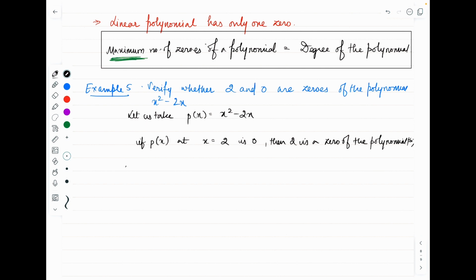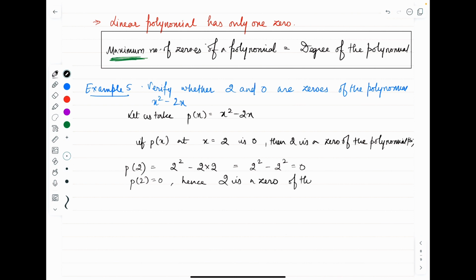Understood? So let us check. We are doing p of 2. Instead of x we have to put 2. So x square is 2 square, minus 2x means 2 into 2, which is 2 square. So 2 square minus 2 square is 0. So I am getting p of 2 equals 0. Hence 2 is a zero of the polynomial. Getting it?